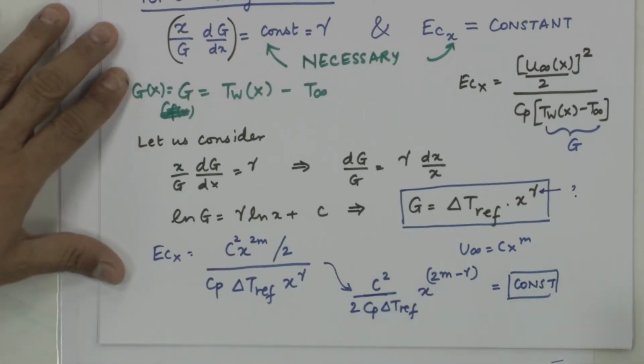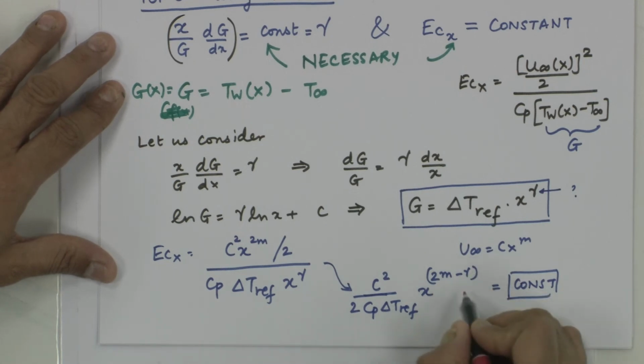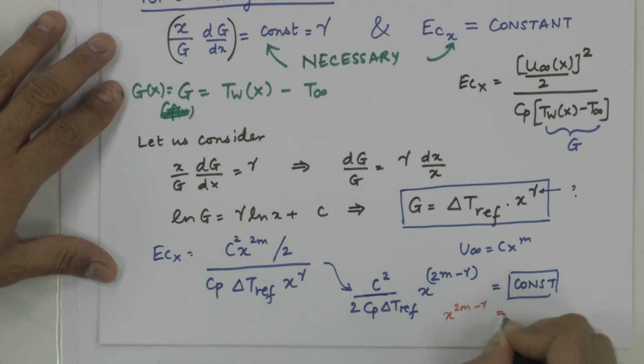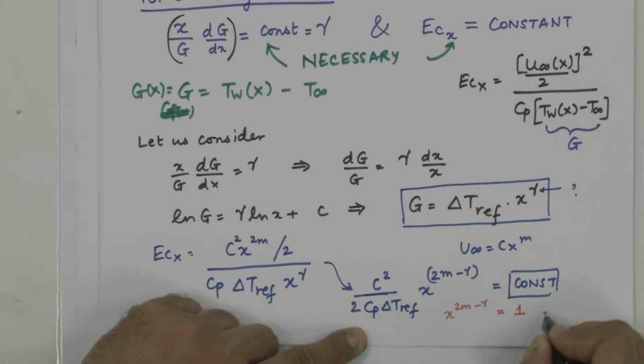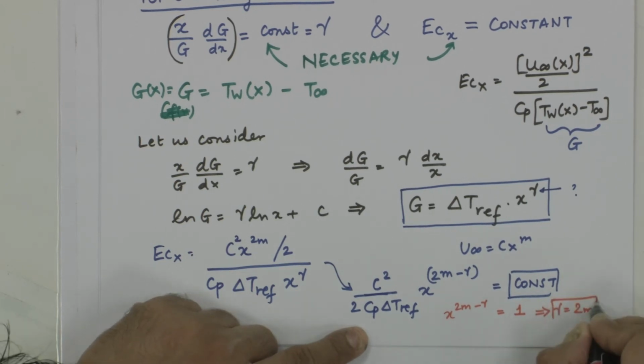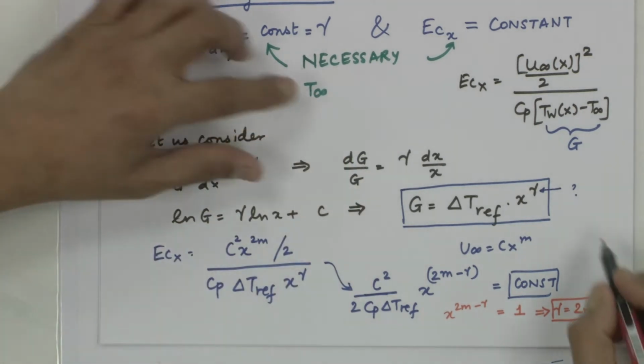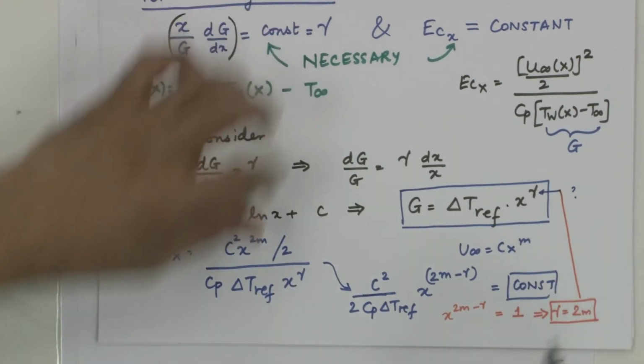What does that mean? It means that x to the power 2m minus gamma should be equal to 1, which means gamma is equal to 2m. Very, very important condition. We didn't know what gamma was. Now we are saying gamma should be equal to 2m.